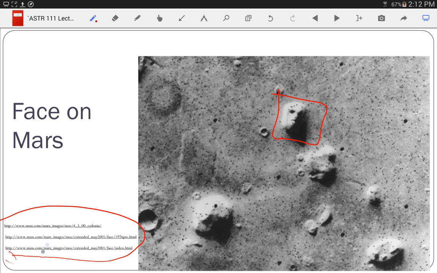If you go to those links, which are all on the same website, you see different images NASA has taken when they came back and had higher resolution. And what you find is it's just a normal mountain. That's an artifact of the way the sun was shining that day. It's not a mountain that is actually shaped like a face. And so, yeah, that's disappointing, especially to the people who want to believe in alien life.